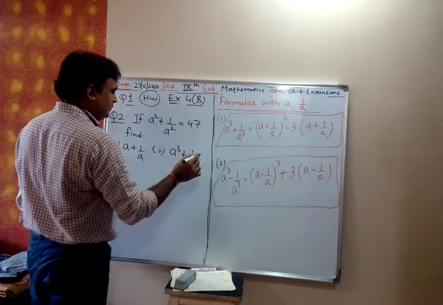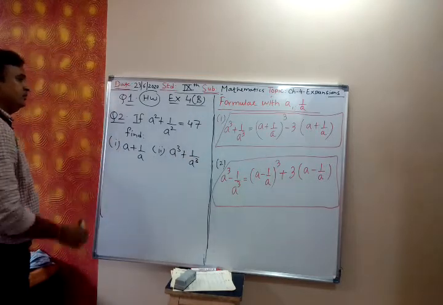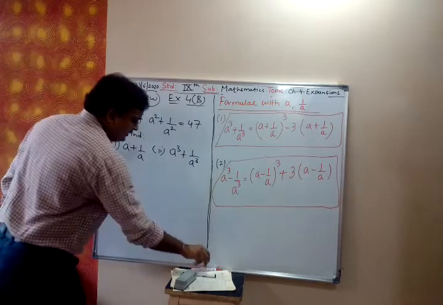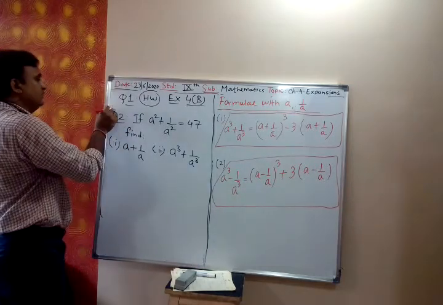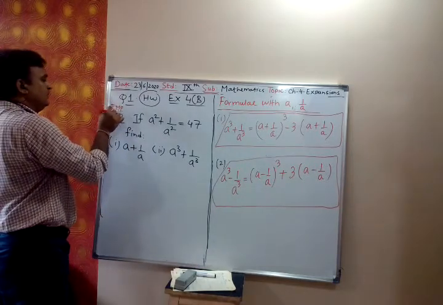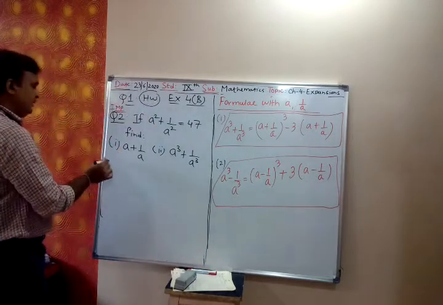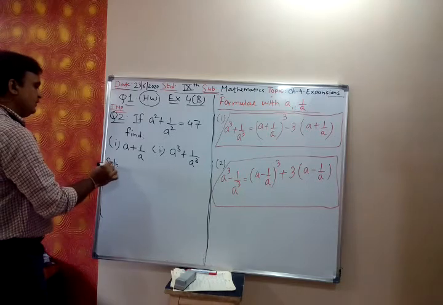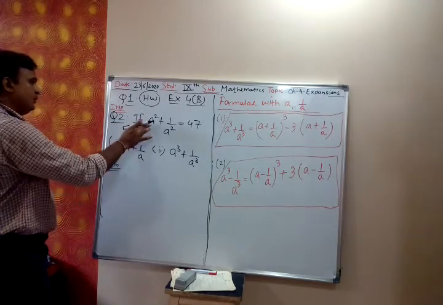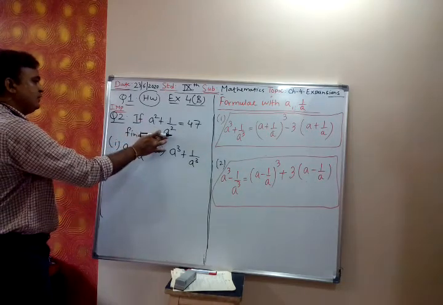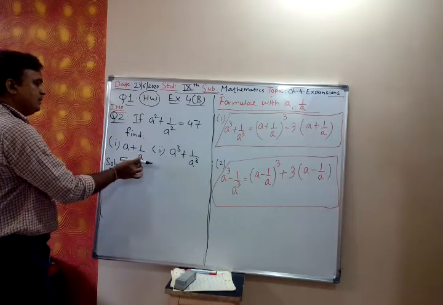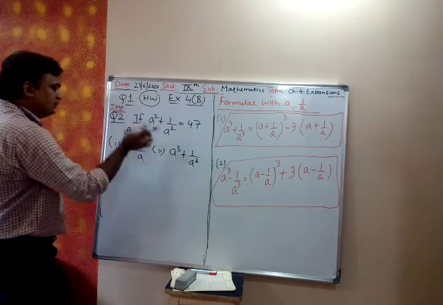So mark this second as important. We are given the value of a square plus 1 upon a square. From this, I have to find a plus 1 upon a and a cube plus 1 upon a cube.